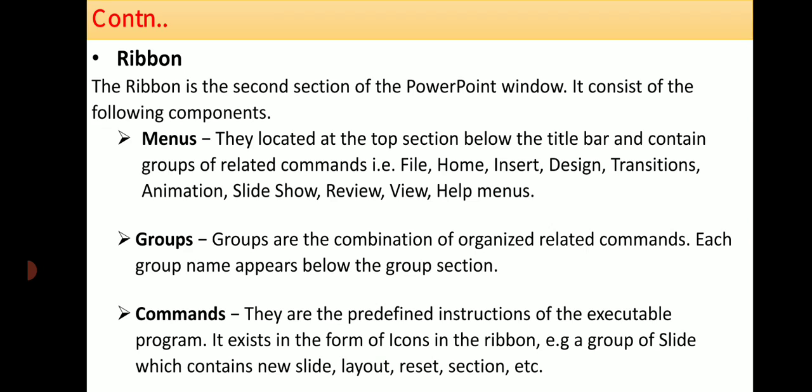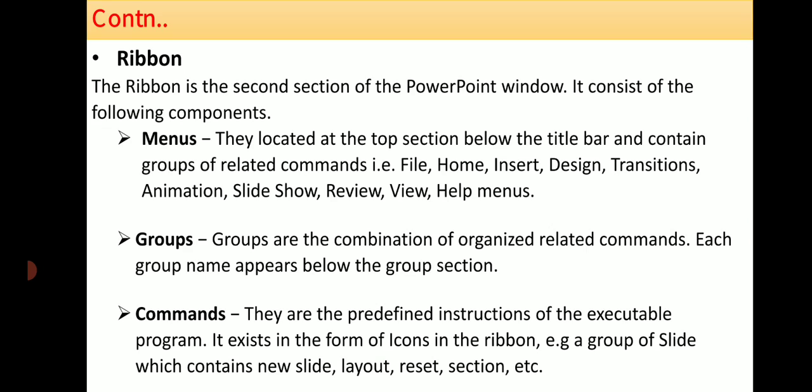Groups are the combination of organized related commands. Each group name appears below the group section. So if you click on any menu, there we have a group of combinations of organized related commands available. Just click on any menu, there are certain groups available. Those are called groups, and further these groups have certain commands.